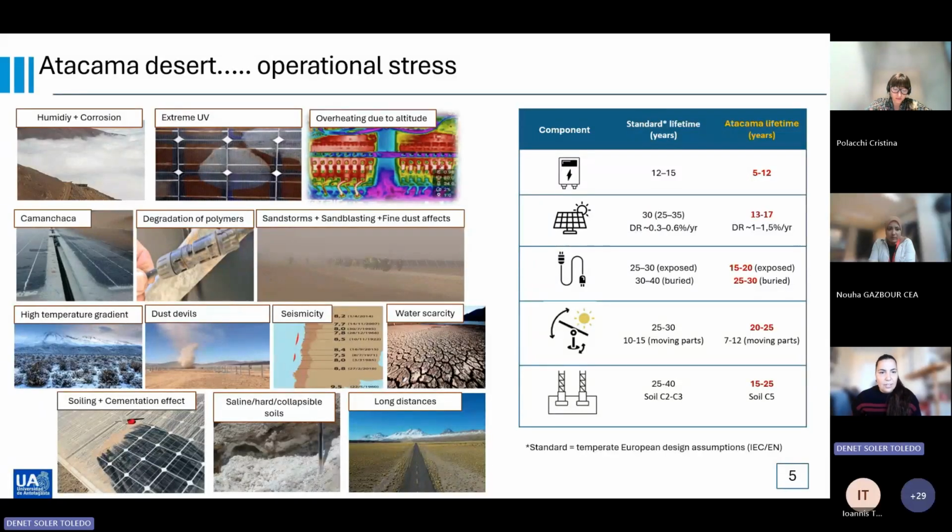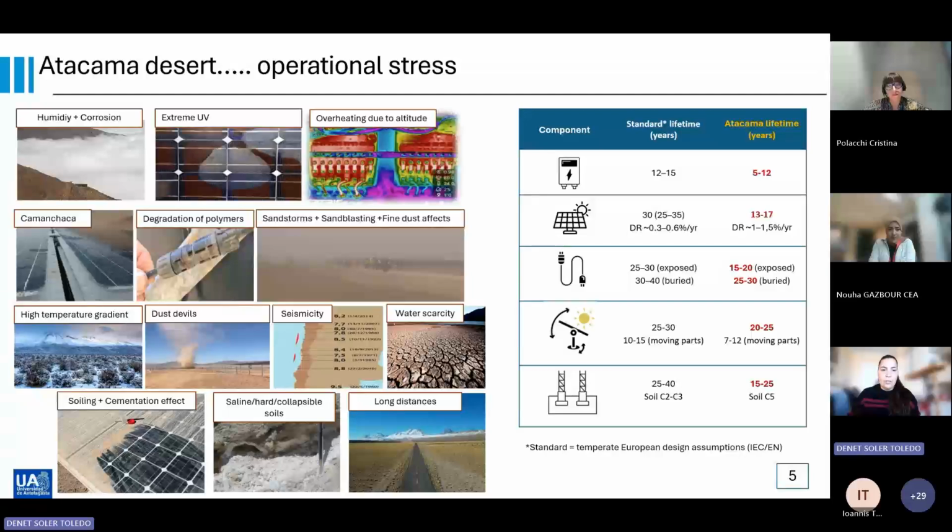The Atacama Desert faces a lot of challenges, as you said before. We have specific characteristics, high humidity, and effects known as Camanchaca that have a direct impact on the performance of the technologies. For example, in the morning we have a lot of fog with high humidity, and after that we have a lot of radiation that dries all this condensation.